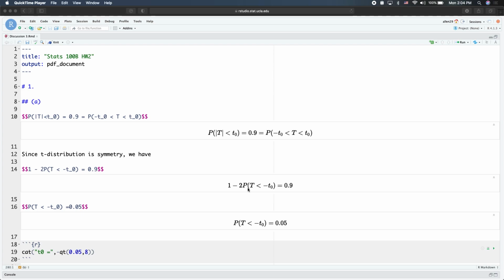Then it gives us the probability of capital T less than negative t0 being 0.05. And from here, we can consult the t table and look for the left-hand side quantile that makes the probability 0.05. Then you can solve for t0 from there.